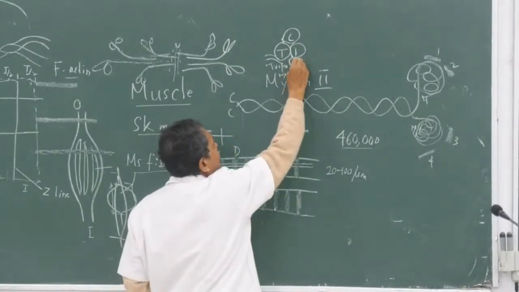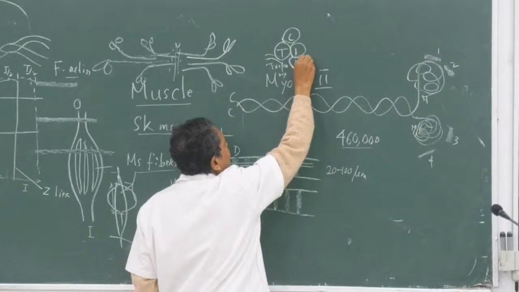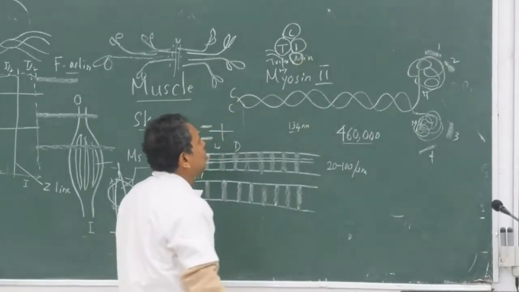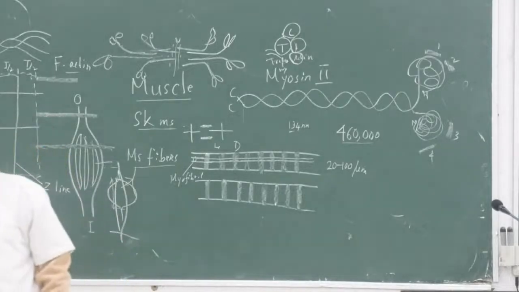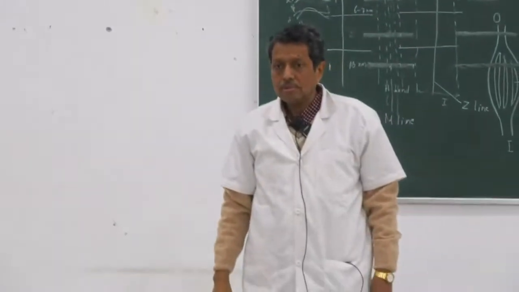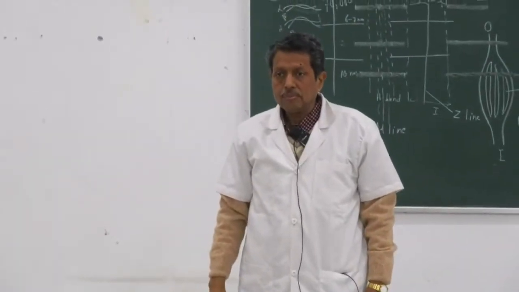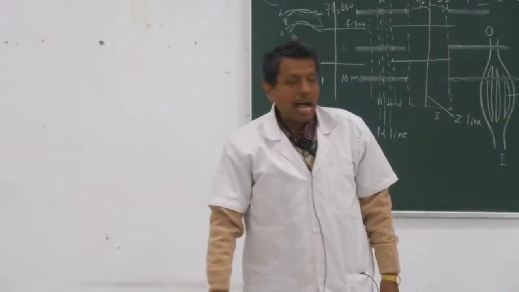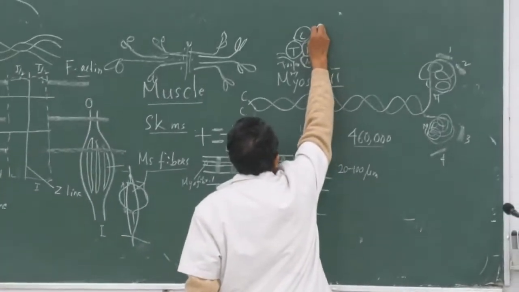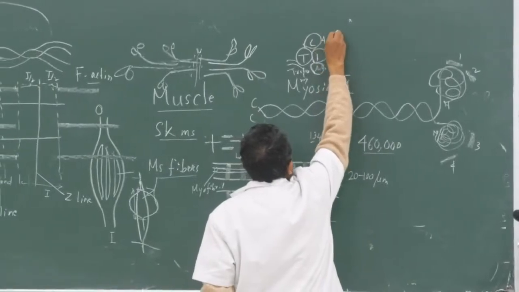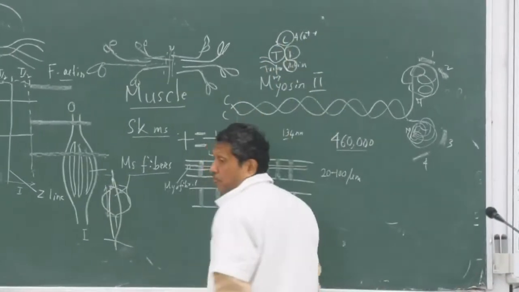It is the actin. In the relaxed condition, it is tightly bound. Yeah. Tightly bound. And troponin C unites with calcium ion. 4 calcium ions it can bind.